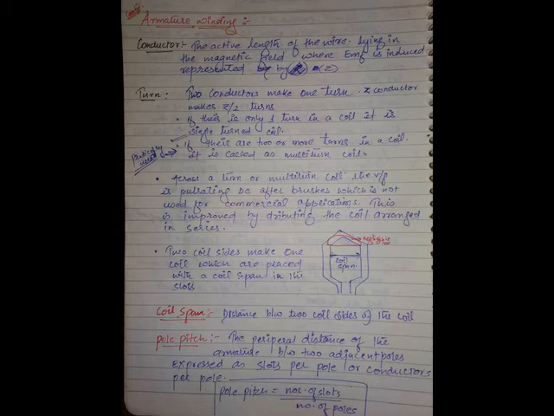Always one electrical cycle is 360 electrical degrees. So this is 360, this is 360. Total how many electrical degrees? 720 electrical degrees. Why? Since there are 4 poles.